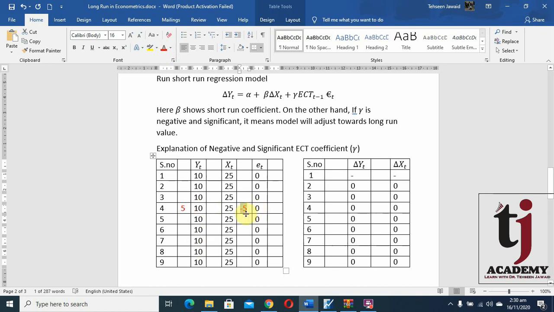On the other side, if we find the change in the next period, in period 5, the equilibrium value is 10 and the actual value of period 4 is 5. So if we find the difference between these two values, 10 minus 5, the difference would not be 0, it would be 5.